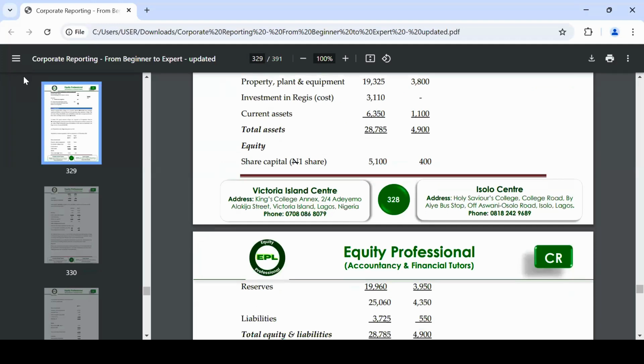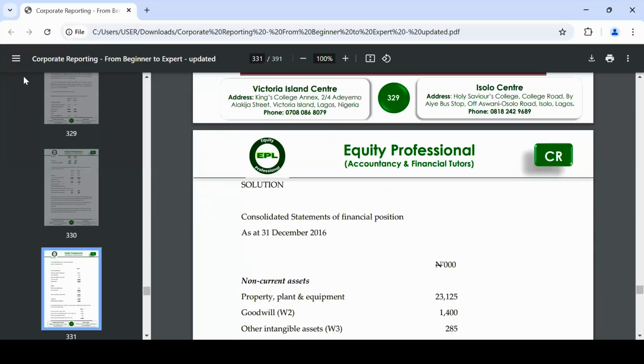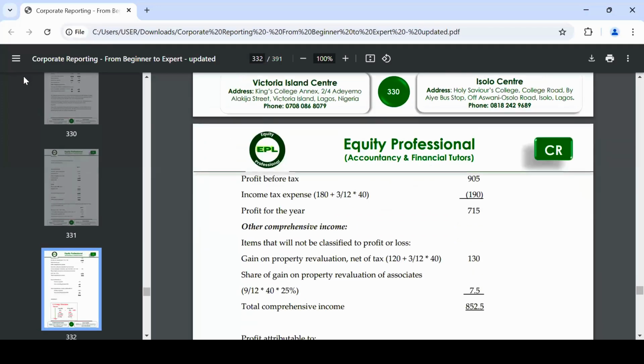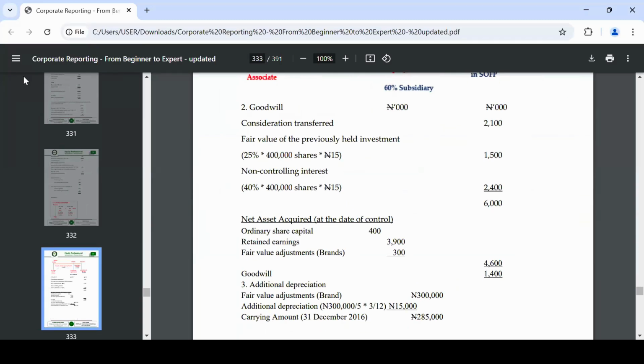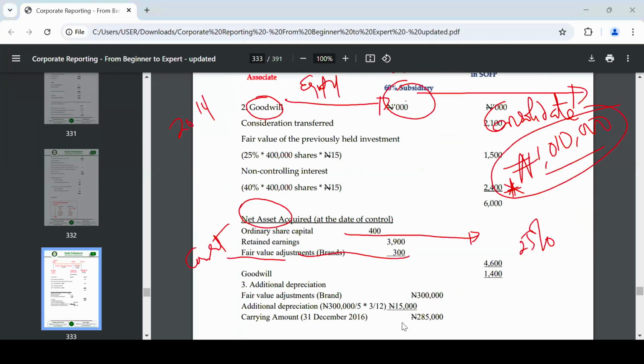And this share capital is at 1 naira per share, meaning that the number of shares they had must have been 400,000 divided by 1 naira, and that's 400,000 shares. Okay, so when I want to calculate the current fair value of the 25% that we currently hold, I would just say 25% multiplied by 400,000 shares multiplied by 15 naira. And that's how they got this 1.5.